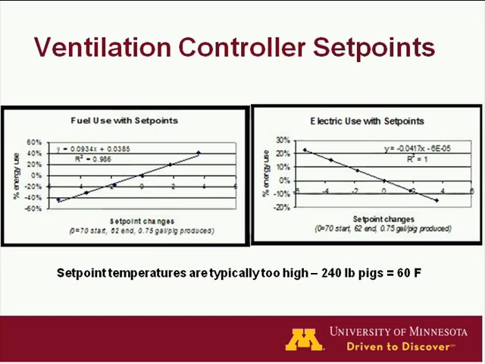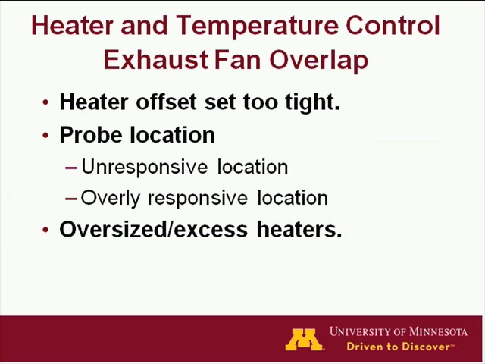This is pretty sensitive to temperature. Even a few degrees can make this swing quite dramatic, as these projections here show. Probably the most important thing is the relationship between the heater and the fans in the barn.